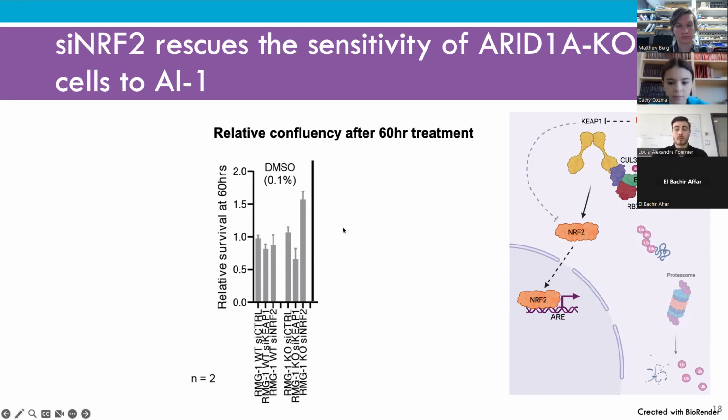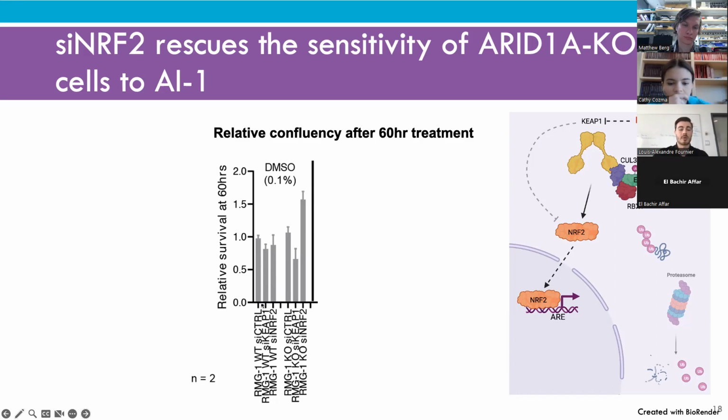The data I'm showing you here is the confluency of cells after 60 hours of treatment with AI1 relative to SI control conditions. The RNG wild-type cells are shown on the left 3 columns, and the ARID1A knockout cells are shown on the right 3 bar graphs.